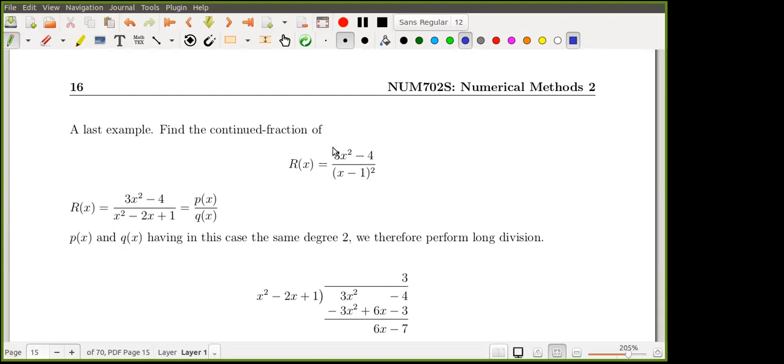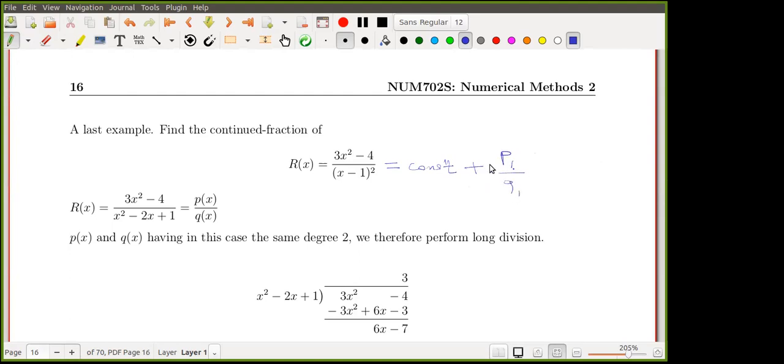We know that if we divide a second degree polynomial by another second degree polynomial, the quotient will be a constant term, plus a fraction. Let me call that P1 by Q1.